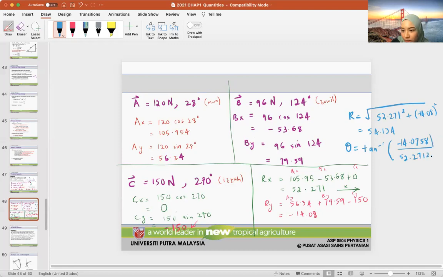Significant figure dia. Okay, jawapan negatif 15.07 degree atau 344.93 degree. Okay, so thank you Amy. Sangat detail dia punya jawapan dengan jalan kerja.